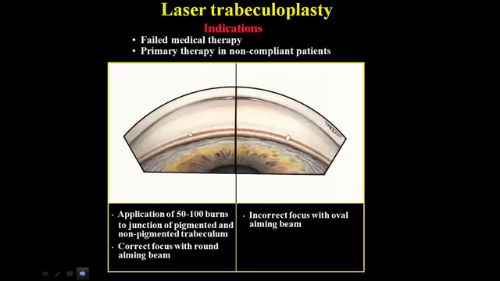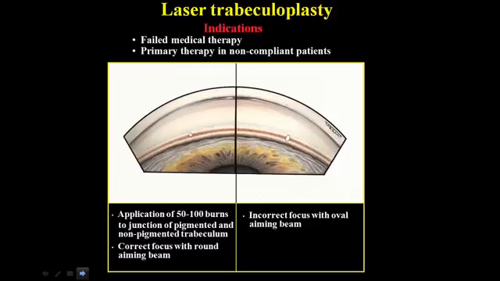And it is believed that the laser procedure causes increased outflow facility by mechanisms which include mechanical tightening of the trabecular meshwork to open the adjacent untreated trabecular spaces, and or by inducing cell division and migration of macrophages to clear the trabecular meshwork of debris.